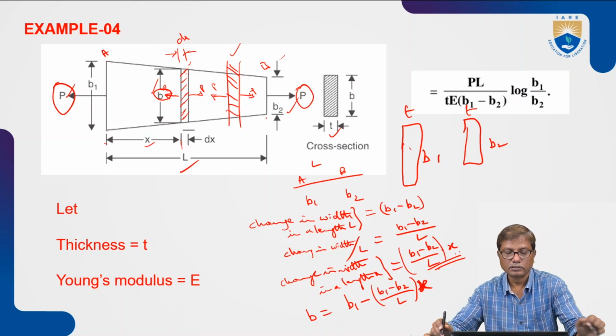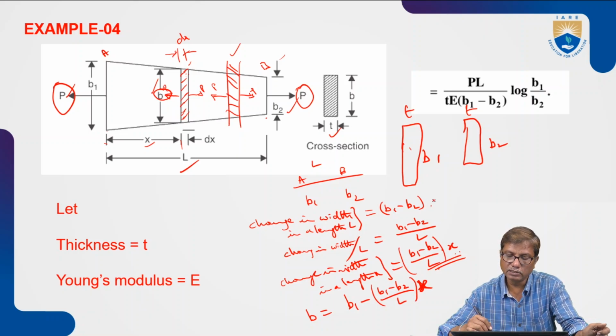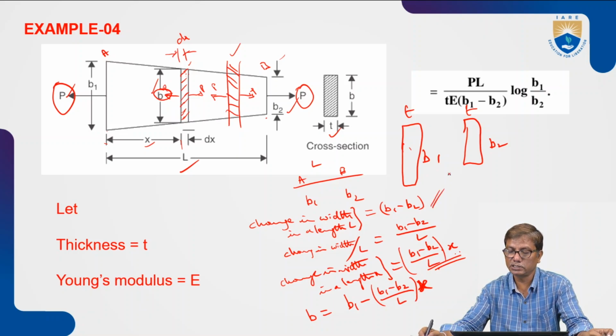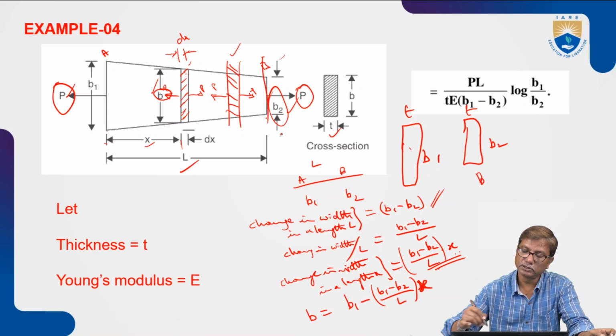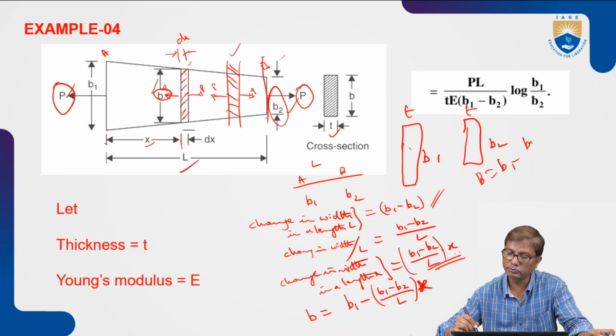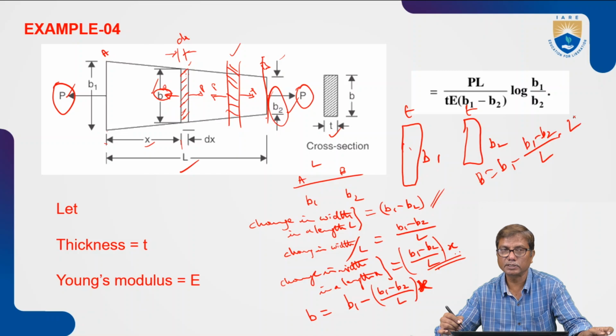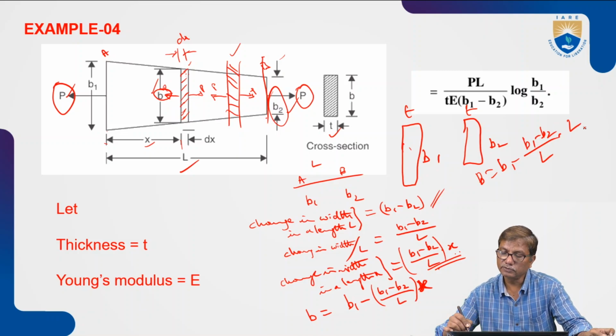In a length of L, the change in width is B1 minus B2. So what is the width at B2? The width at B is B1 minus B2 by L into L. That means in a length of L, the change in width is B1 minus B2, so you will have B1 minus of B1 minus B2, that means B1 minus B1 plus B2.